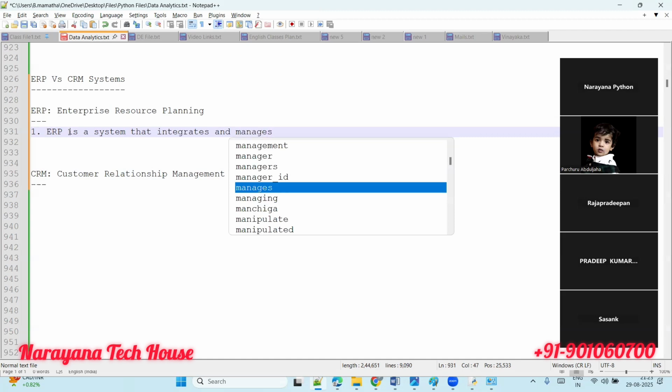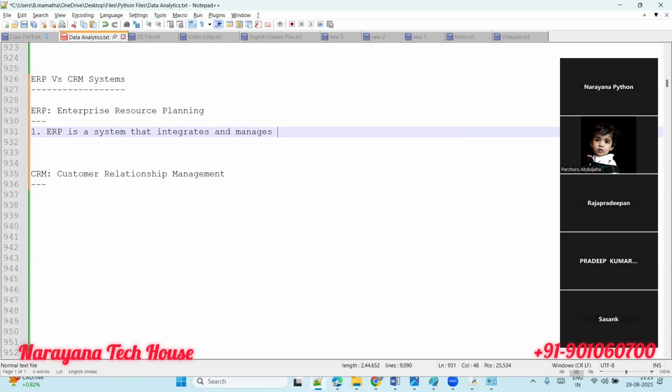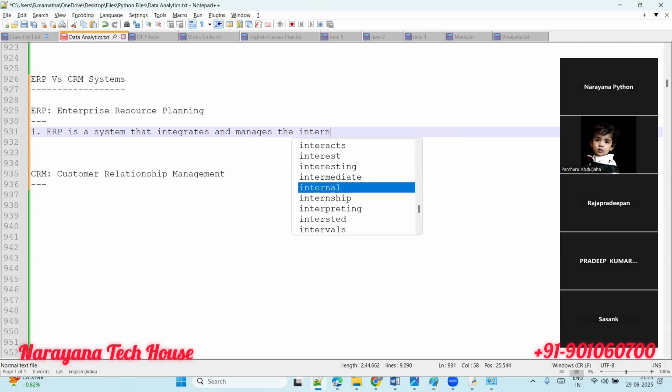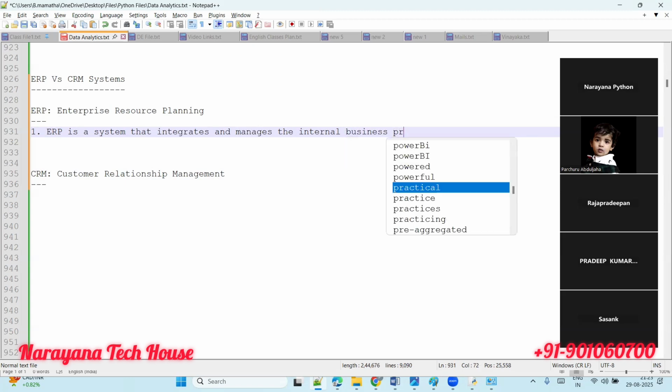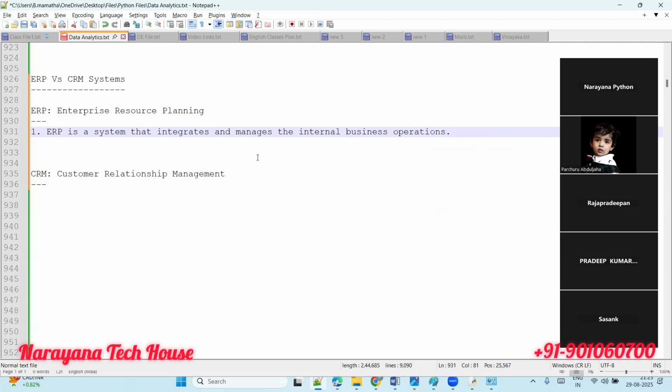It integrates plus manages the internal business processes or operations, guys. It combines and manages.